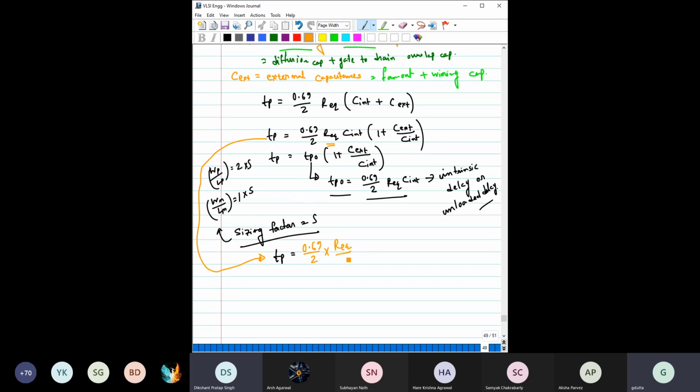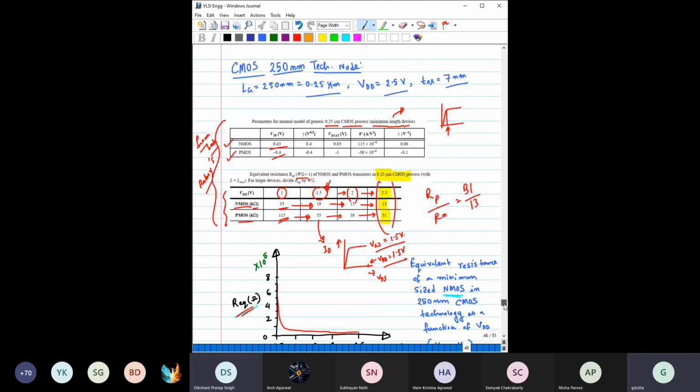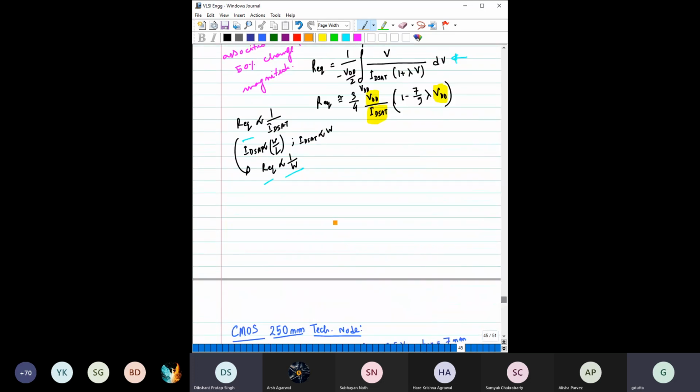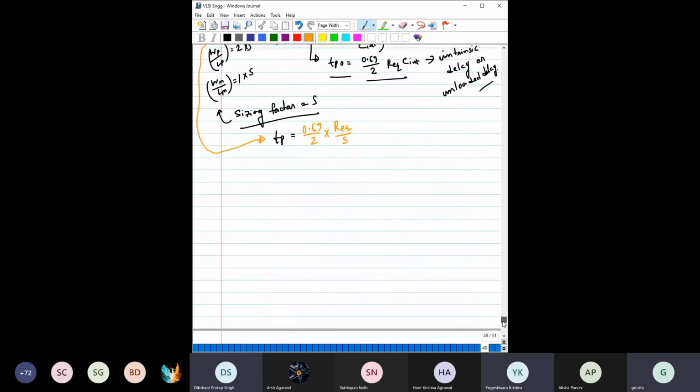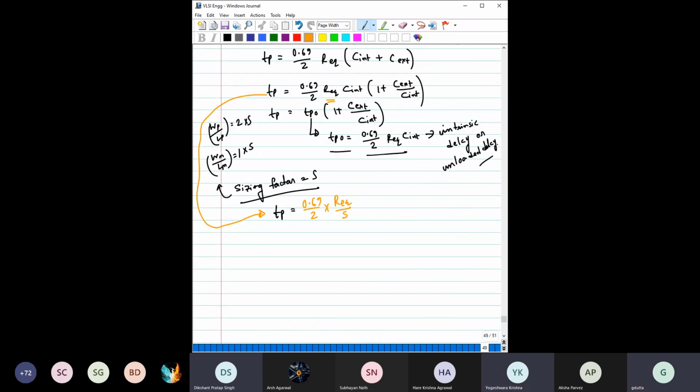Today only I have shown you here, R equivalent is proportional to 1 by W, right? So if you are increasing W by 2 times, then R equivalent is going to reduce by 2 times. So the same thing we are doing here.